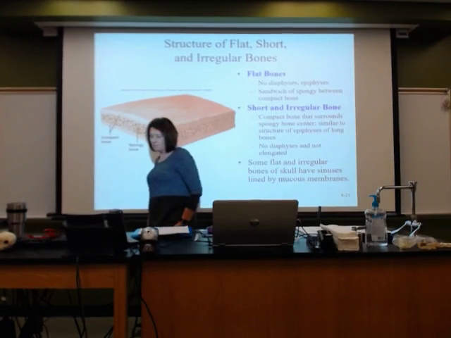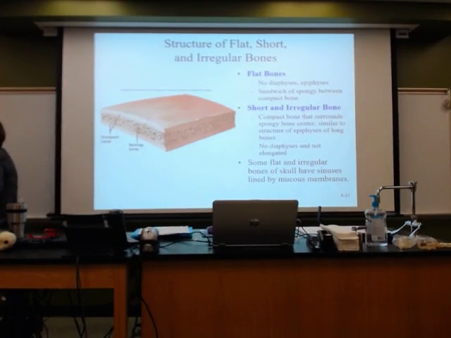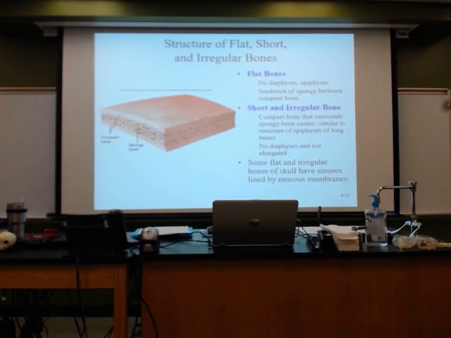Left off yesterday, we had talked about, once again, the components of the skeletal system. Let's go back over those real quick. Cartilage, bone, tendon, ligaments. We had looked at the structure of the osteon.